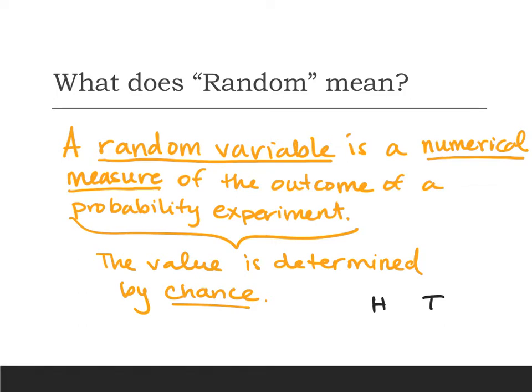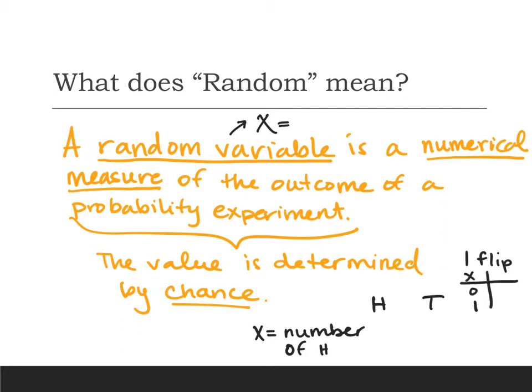And so this random variable, a lot of times we'll use an X, and we actually use a capital X. And so I might say for heads or tails, I might let X be the number of heads. So if I flip a coin once, if I have one flip, then I could have 0 heads, or I could have 1 head, right? If X is my number of heads.